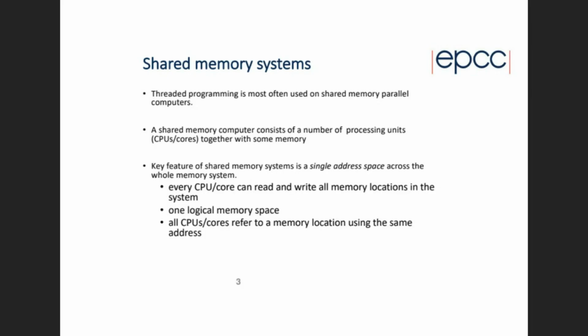So there really is one logical memory space across the whole machine. Another way of thinking about it is that all CPUs or cores refer to a given memory location using the same address. There's a single address that all the compute units can use to refer to a memory location.